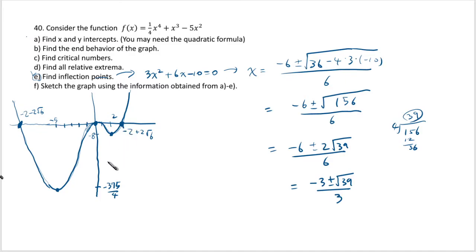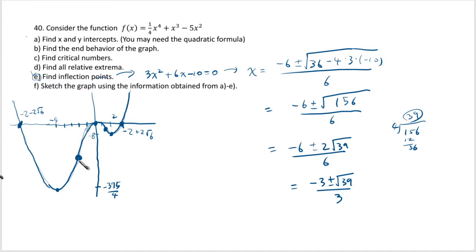Okay. And then seeing this, you see two points of inflection, right? It's concave up here, and then changes concave down, and then changes to concave up, right? So this point must be the one that's negative.